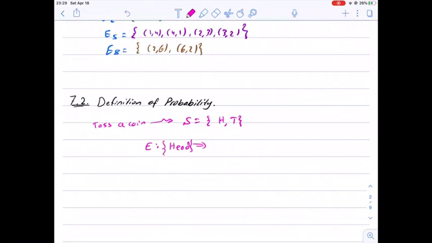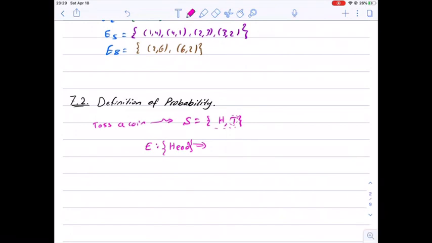Here we are talking about a coin. So what is the probability of getting head if we toss a coin once? The probability is 1/2, because we have one element out of 2 elements, so that's half of the outcomes.